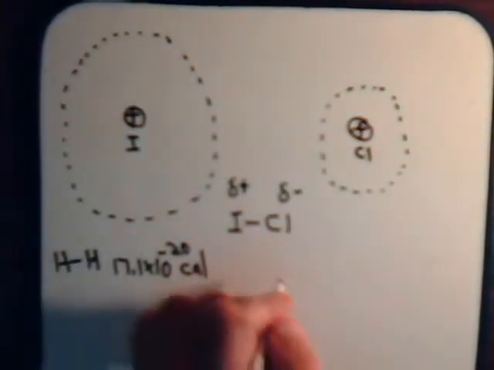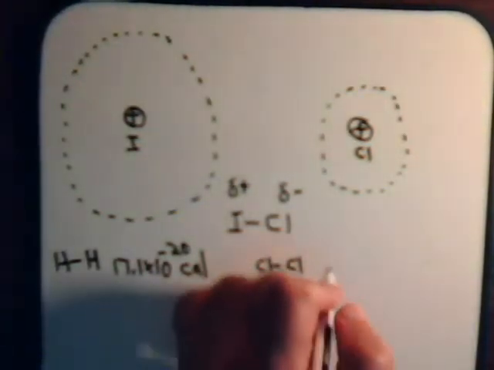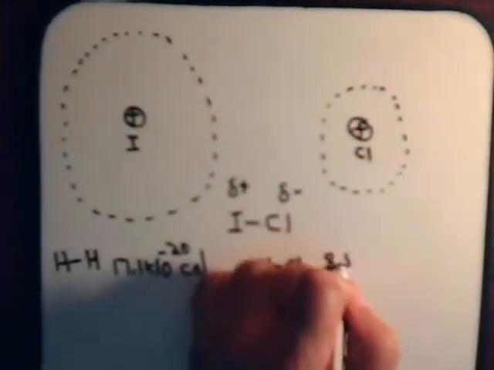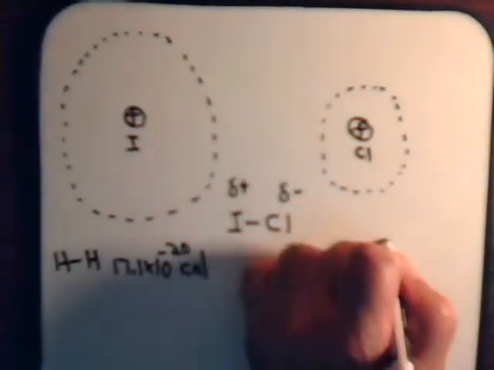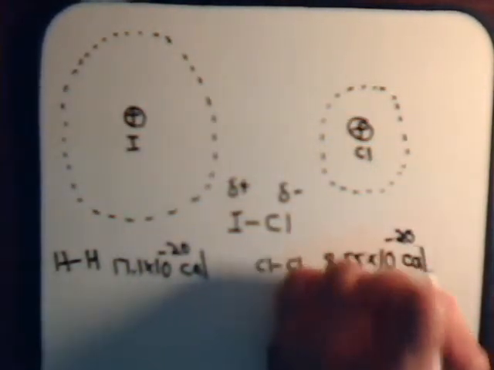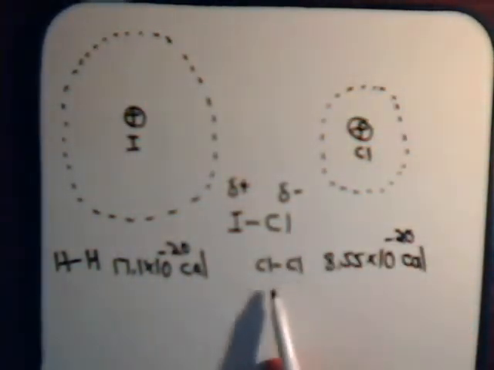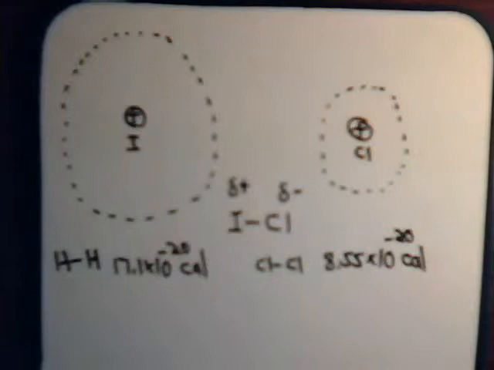Now, if we have a chlorine molecule, it takes about 8.55 times 10 to the minus 20 calories to break one of these bonds. Notice, first of all, the hydrogen bond is stronger than the chlorine bond, and again, the hydrogen atom is much smaller than the chlorine atom.